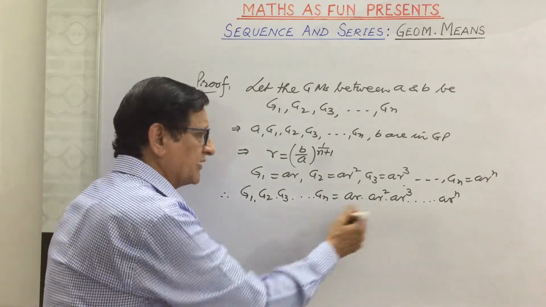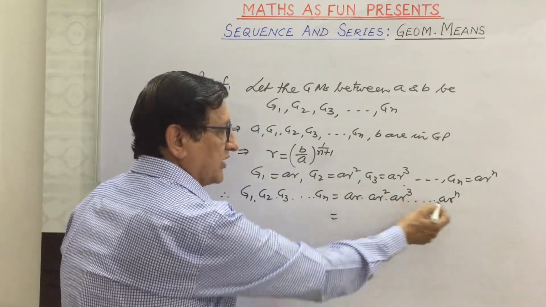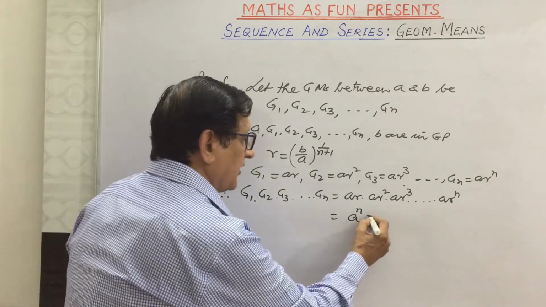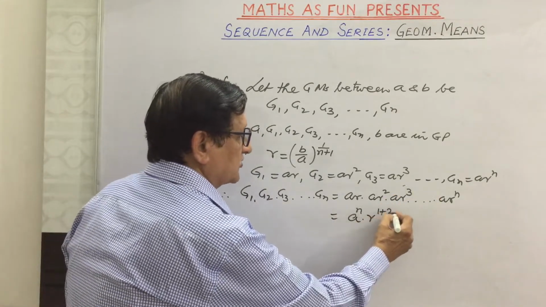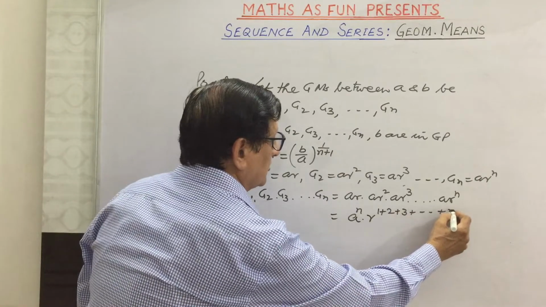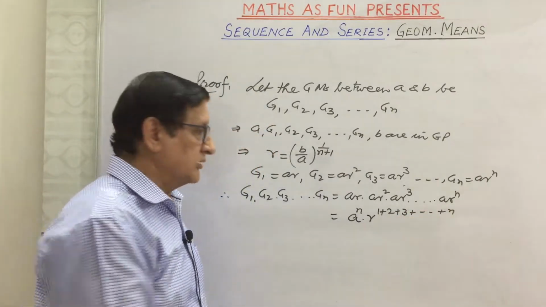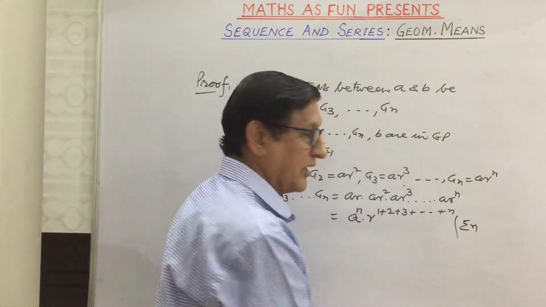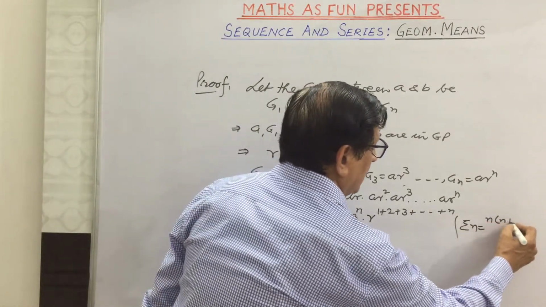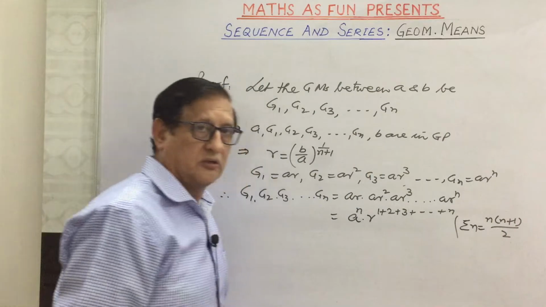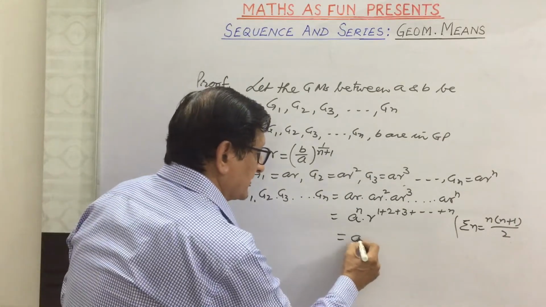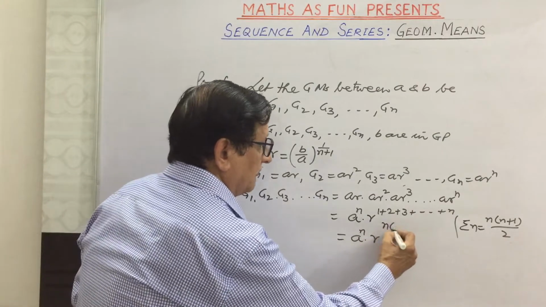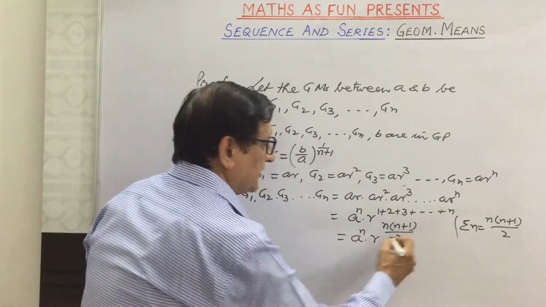If we multiply them, A comes n times, so this becomes nth power of A. And the powers of R are added 1 plus 2 plus 3 plus so on up to n. This is sigma n, sum of n natural numbers, and the formula for this is n into n plus 1 by 2. So the value of this comes as nth power of A into R to the power n into n plus 1 by 2.